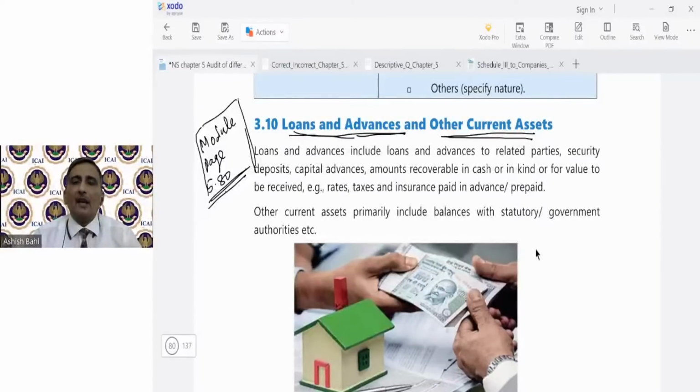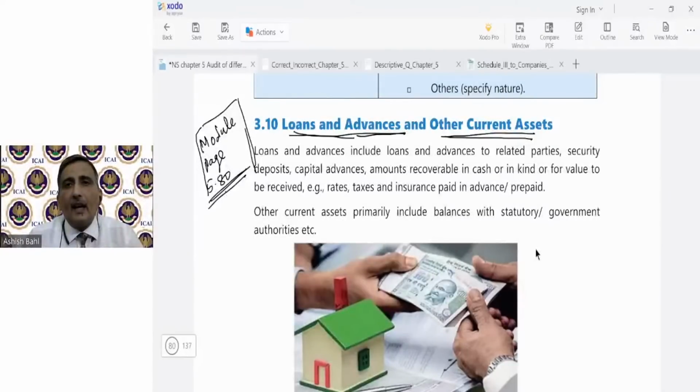So if you read Schedule 3, various criteria in the starting are given for identifying an asset as a current asset. You have to remember all those criteria. That is quite important from the point of view of your understanding and knowledge also.